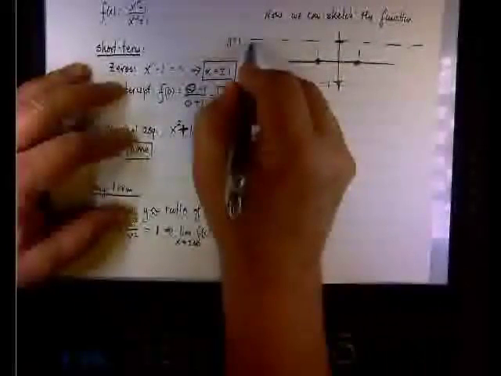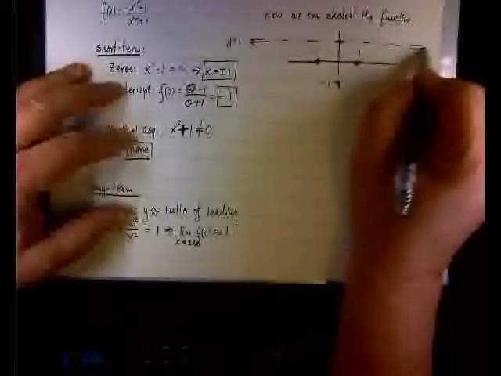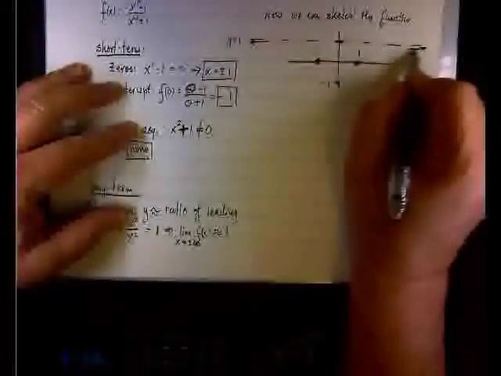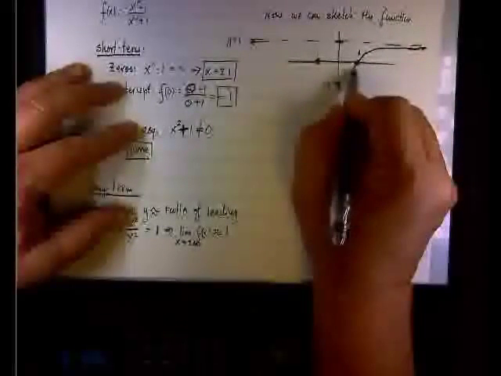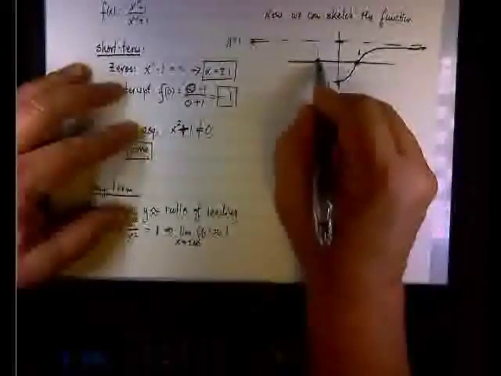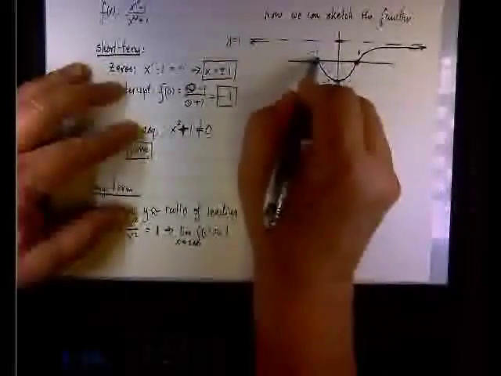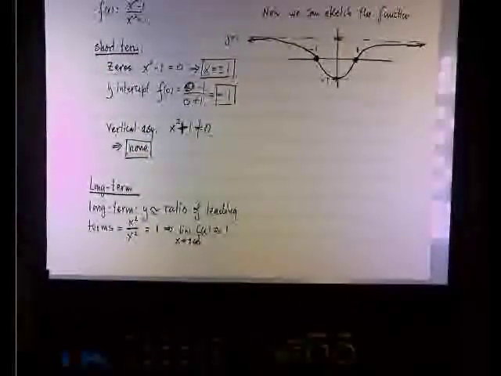So if this is y equals 1, the horizontal asymptote, it's probably going to be right here. So we know that the function is going to come from the left or from the right, from the bottom part, and go like so. We'll have to pass through 1 and 0. We'll have to pass through 0 and negative 1. We'll have to pass through negative 1 and 0, and like so. So this is how the function is going to look.